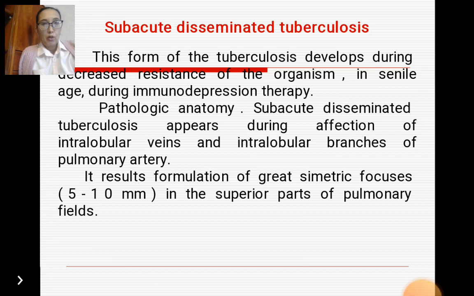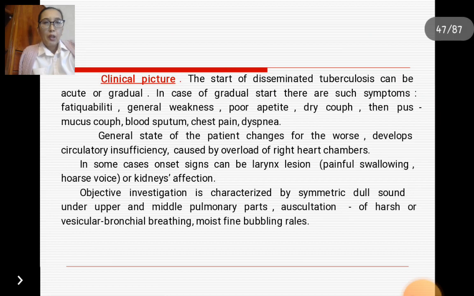Subacute disseminated tuberculosis. This form of tuberculosis develops during decreasing resistance of the organism, at senile age, or during immunosuppression therapy. Clinical picture: the start of disseminated tuberculosis can be acute or gradual.